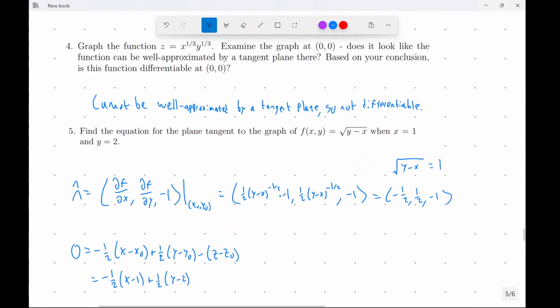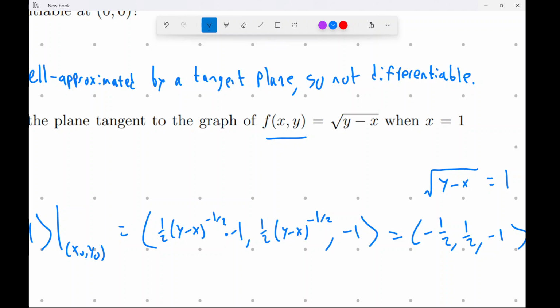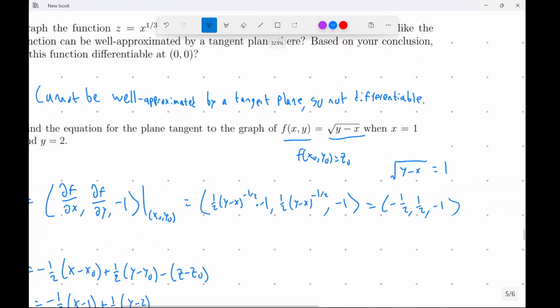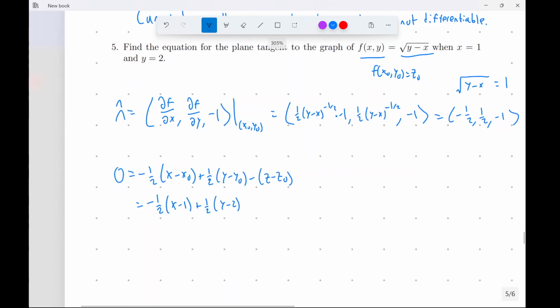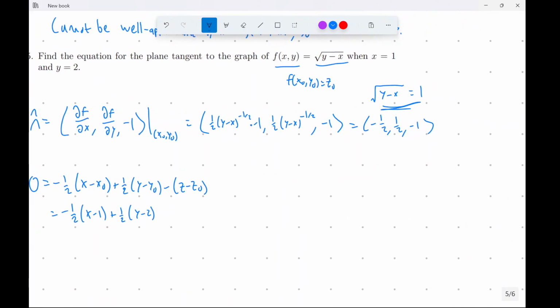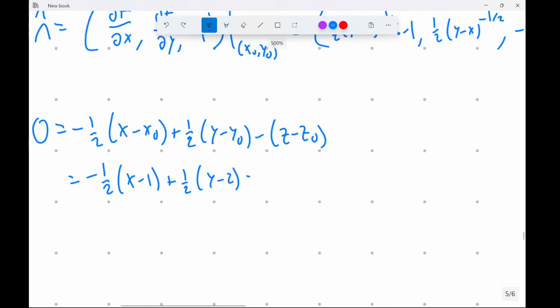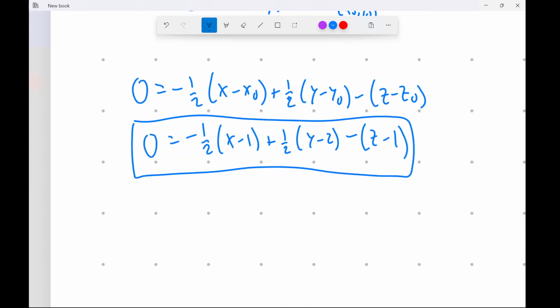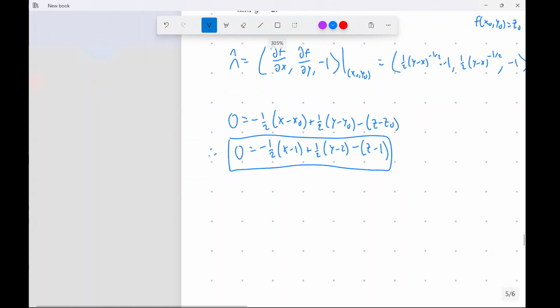And then since the graph is described by f of x, y is equal to this, the height is just going to be f of x0, y0. That's going to be our z0. That's the convention for these questions, that z0 is equal to this. Okay, but I already computed that earlier. Over here, that's just 1. It'll be minus z minus 1. And that is my tangent plane.